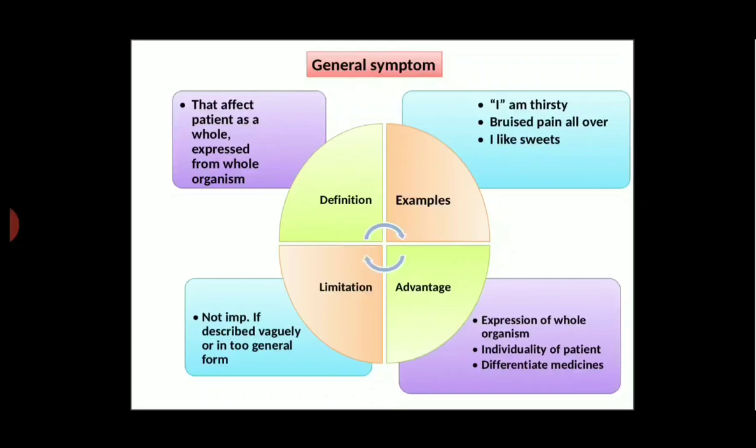They express the individuality of a patient and help in differentiating the medicines. Limitation is they are not important if not characterized, and if the patient describes them very vaguely, they become very general.